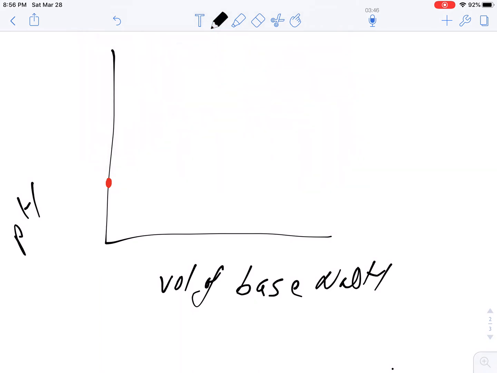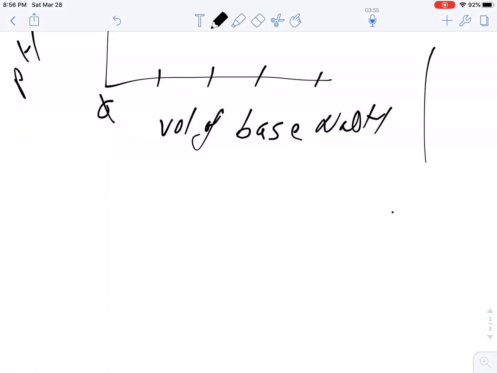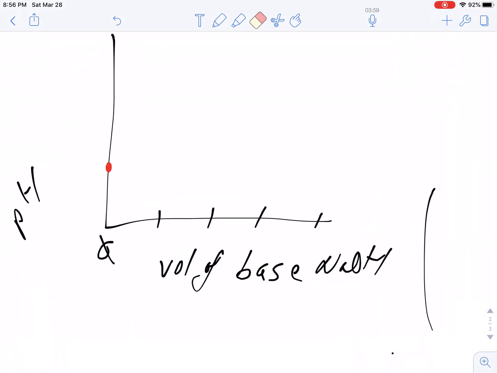So this would be 0, and then we can make some marks along the way, let's just do 25, 50, 75, 100.